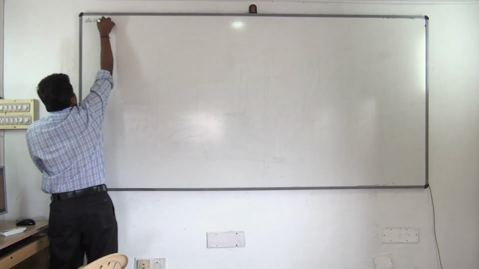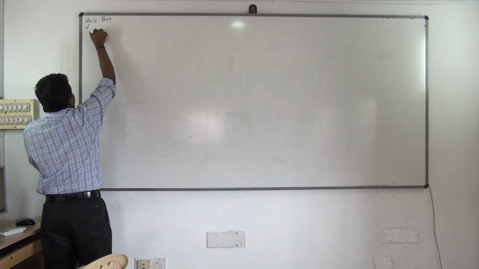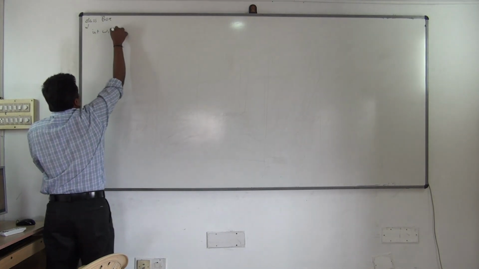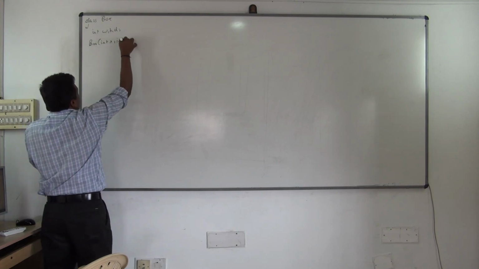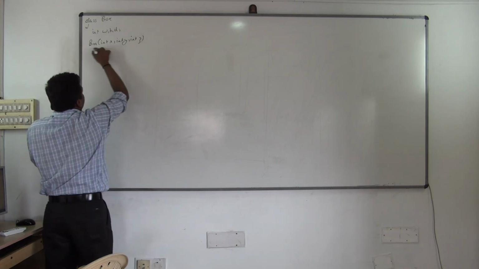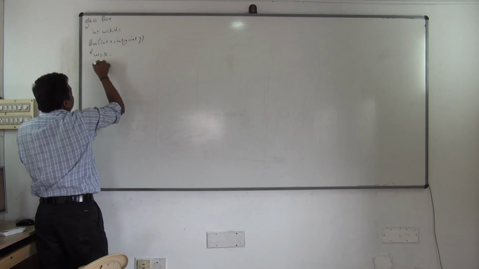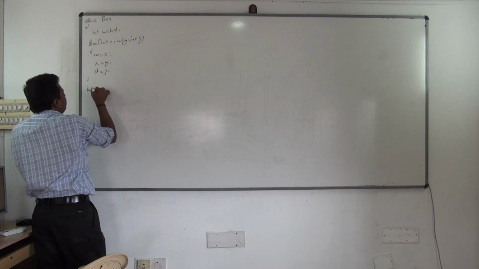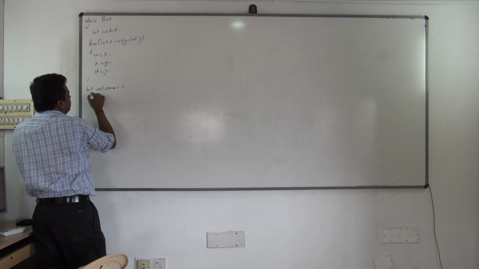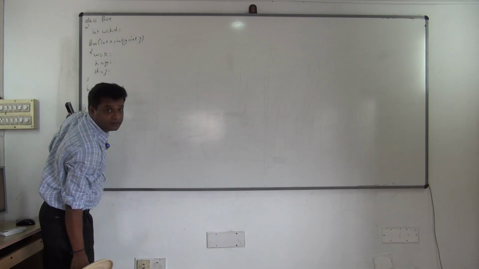We'll take the class box itself, int w h d. This time I'll use a constructor. You can have your volume method. You now write the code for the volume method.